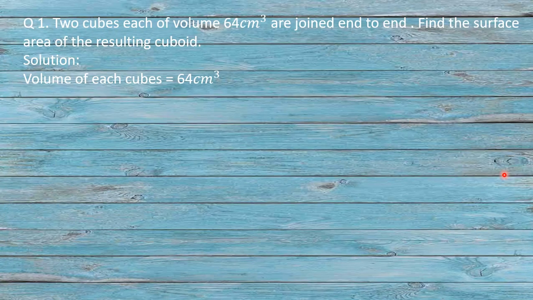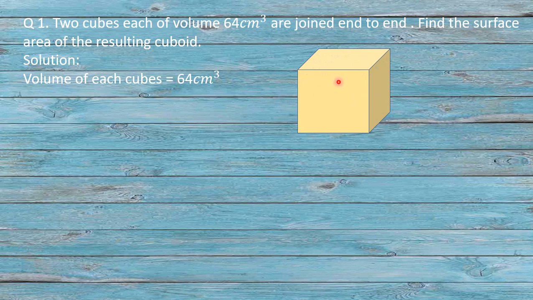So let's start the problems. The first question says: two cubes each of volume 64 cm cube are joined end to end. Find the surface area of the resulting cuboid. Here a cube is given. In a cube, length, breadth and height are the same.